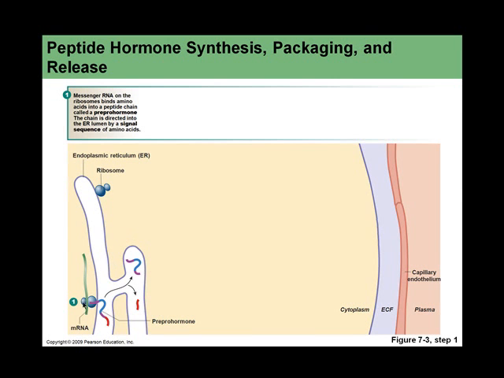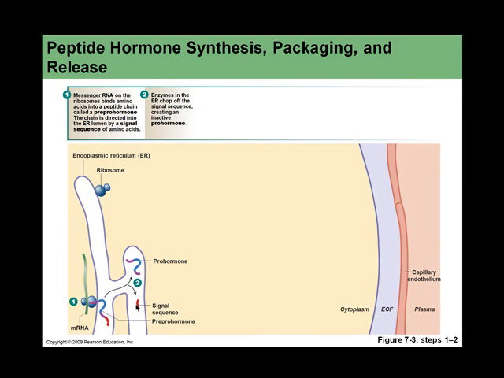We've got messenger RNA binding to the ribosomes, and then you get translation of a full length representing the mRNA sequence. Then there's going to be enzymatic processing mechanisms in the endoplasmic reticulum to enzymatically cleave portions of this molecule.